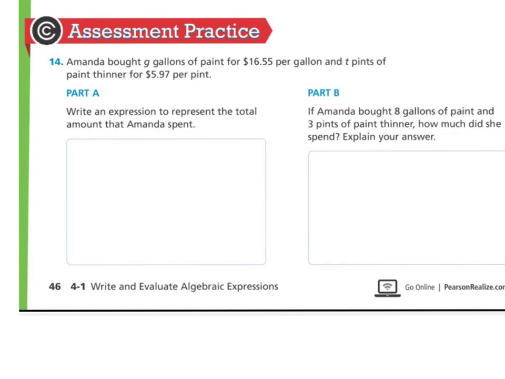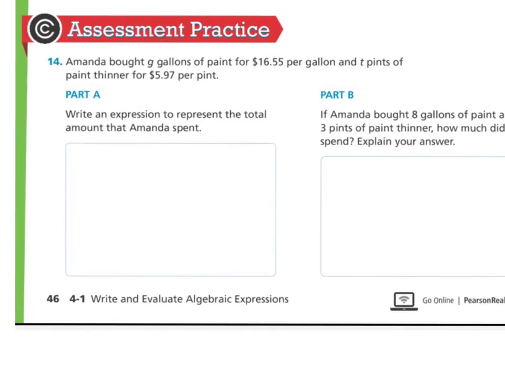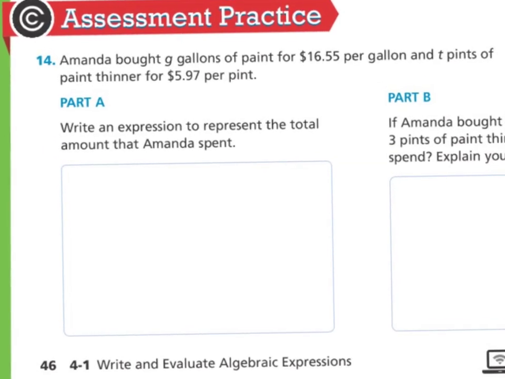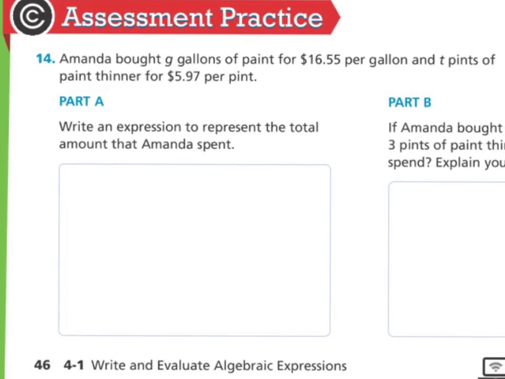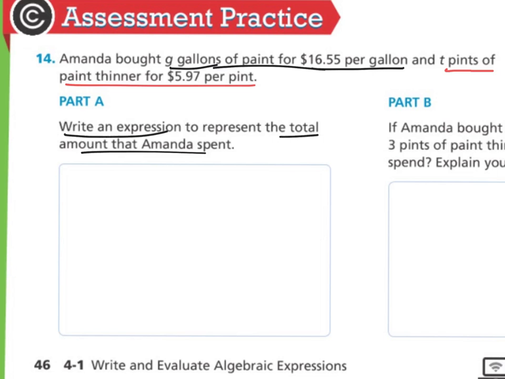Number 14, Amanda bought G gallons of paint for $16.55 per gallon and T pints of paint thinner for $5.97 per pint. So this one does ask us to write an expression for the total amount Amanda spent.